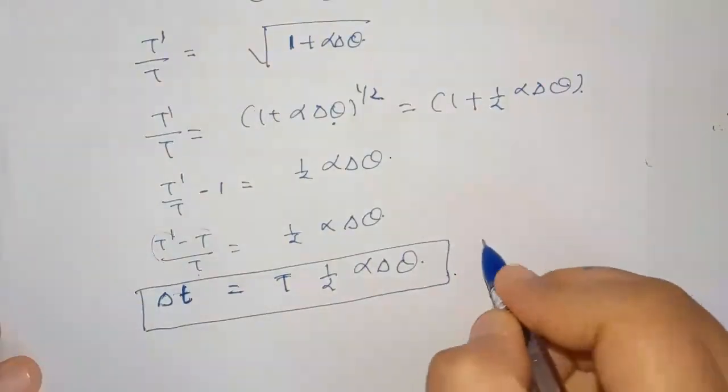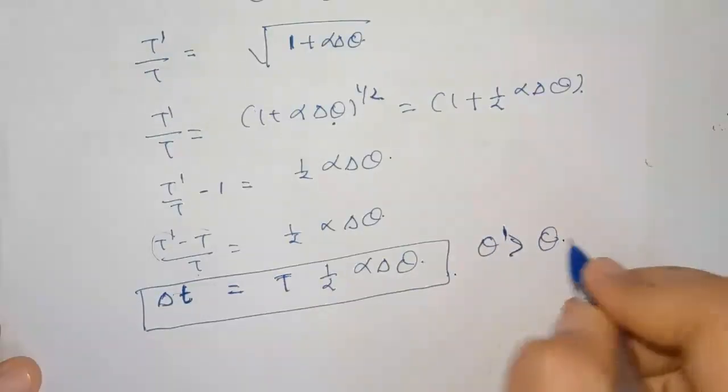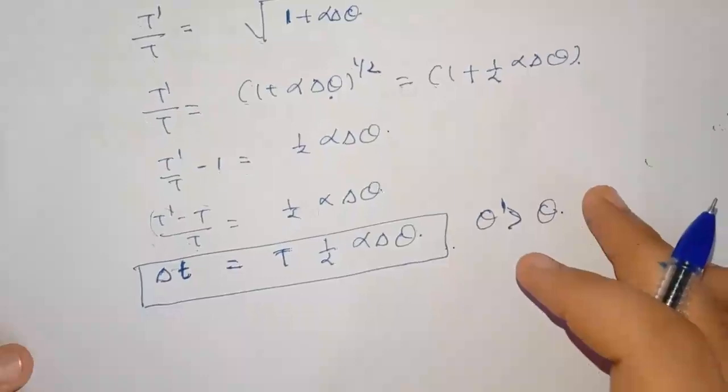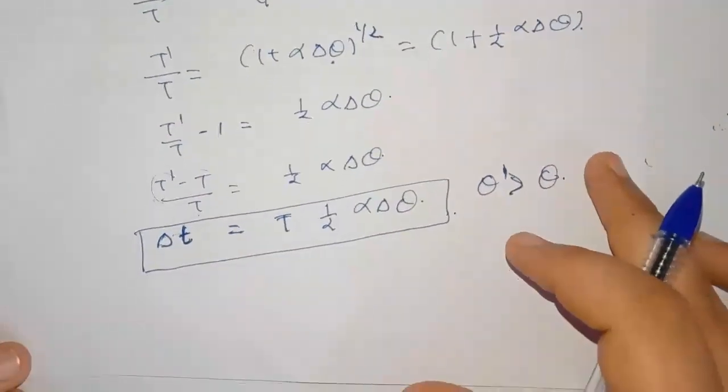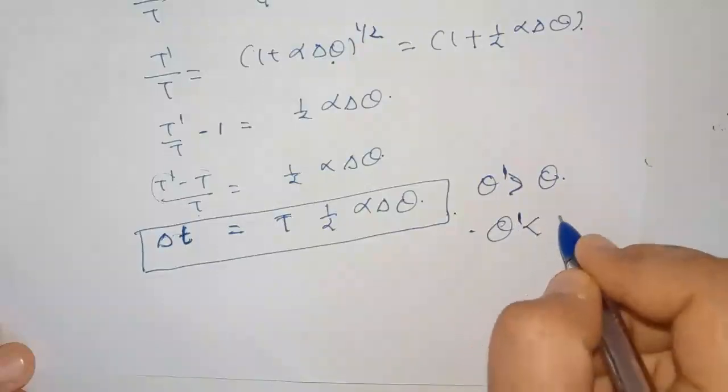The clock will lose time if theta dash is greater than theta, and it will gain time if theta dash is less than theta.